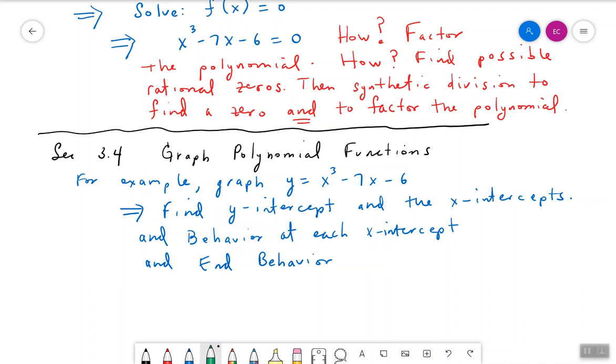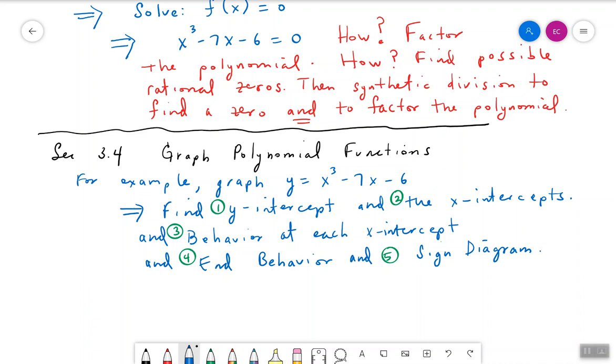If we want to make the graph, we're going to need a y-intercept. We're going to need the x-intercepts. We're going to need the behavior at the x-intercepts. We need the end behavior. And one more thing, which was a sign diagram. And actually, we said the sign diagram was optional.